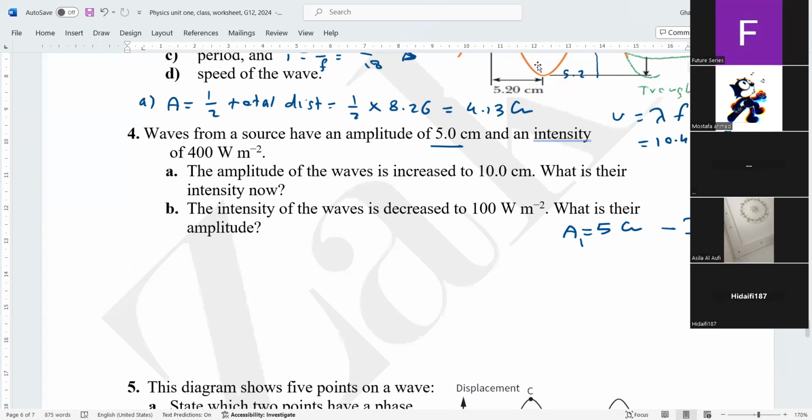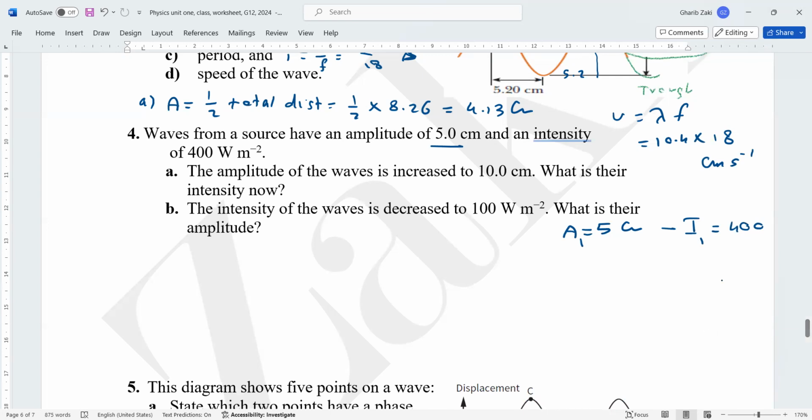Look, the amplitude is here, and the intensity is in watt per meter squared. What is required? If the amplitude increases to 10 centimeter. Because it's a ratio, we don't need to convert the unit. We need I2.